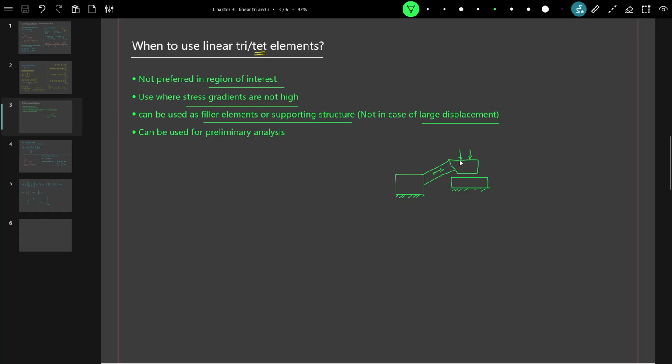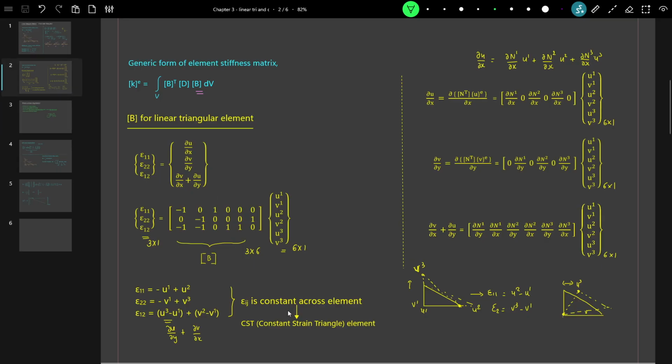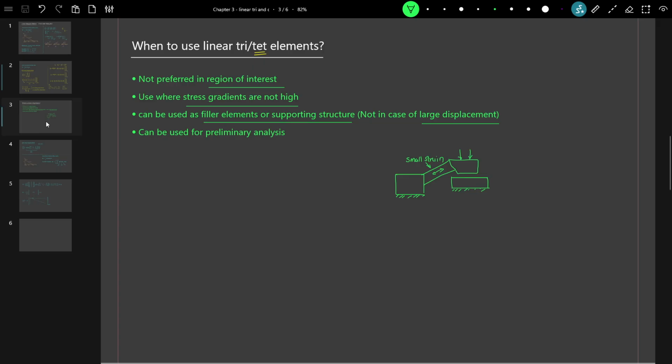This may be a small strain region, but it is not a small displacement region, because when we apply load, this undergoes bending. If we use a linear tri element, the bending is not captured properly, as the strain is constant across the element.